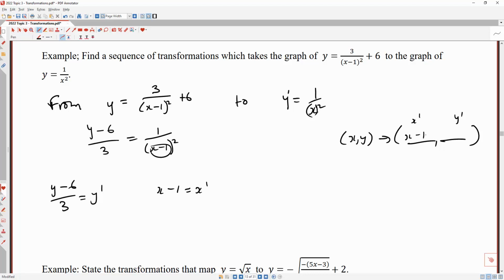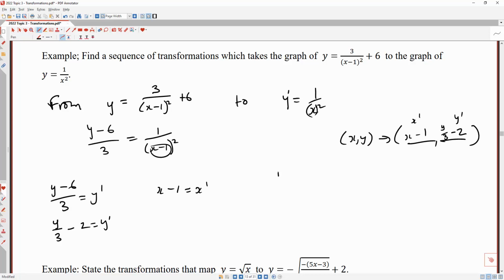So this is x take 1, y take 6. Ooh, now hang on a sec. What I might do is rewrite this as y on 3 take away, now 6 divided by 3 is 2, equals y dash, and I'm going to write it in like that. That should be x take 1 there. So what I can do is read off the transformation.